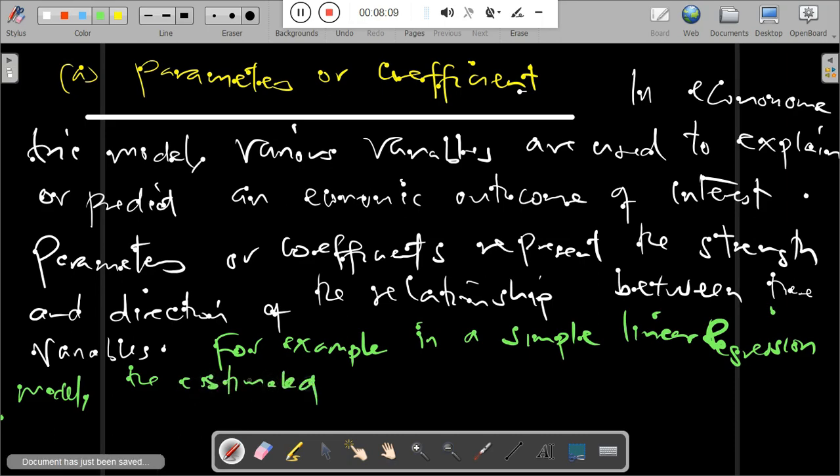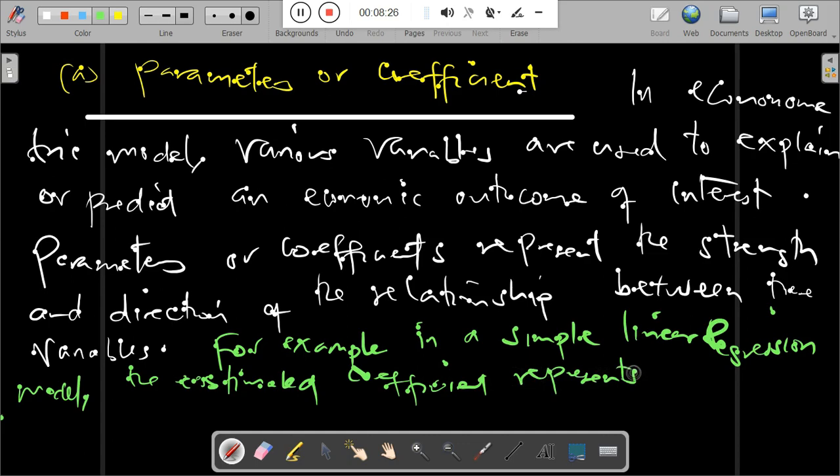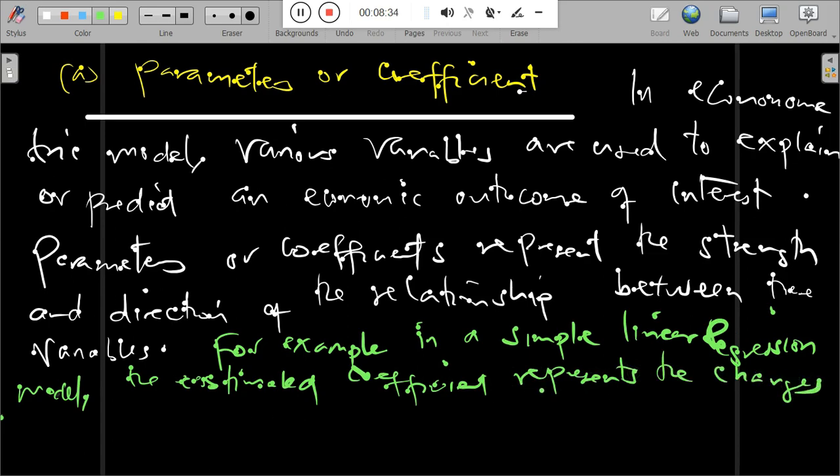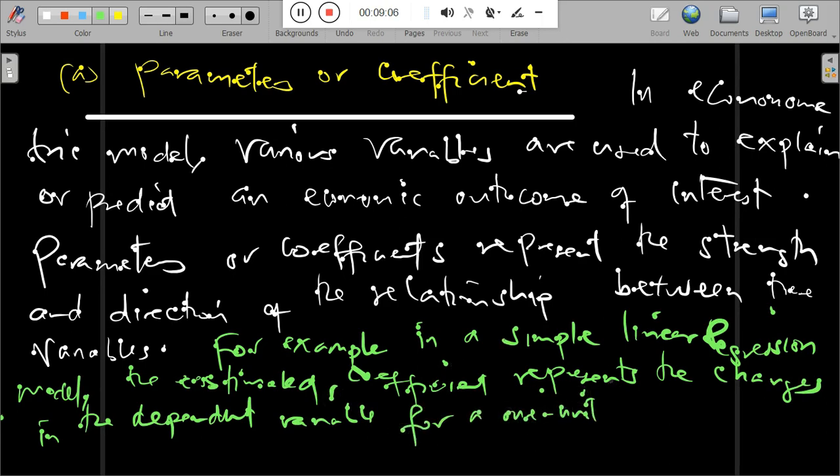And as I told you earlier, the parameters or coefficients are the first concept. They are used to explain or predict an economic outcome of interest, and they represent the strength and direction of the relationship between the variables. We sometimes call these the parameters, or the coefficients.